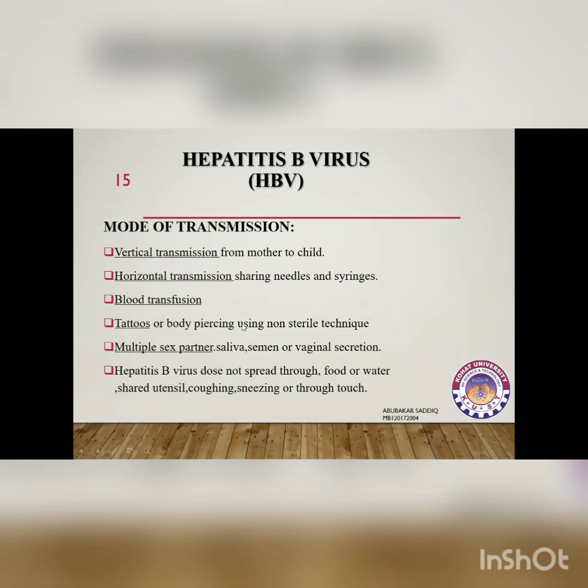Also tattoos or body piercing using non-sterile techniques, multiple sex partners, saliva, semen, or vaginal secretions. And the most important statement about the hepatitis B virus is that it does not spread through food or water, shared utensils, coughing, sneezing, or touch.